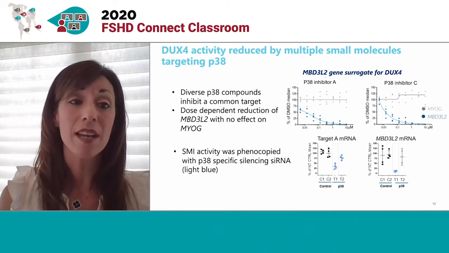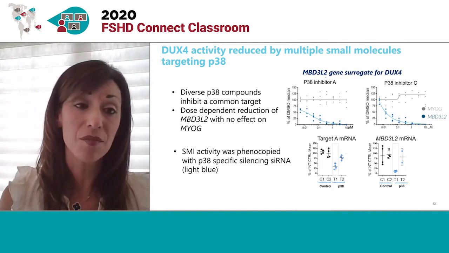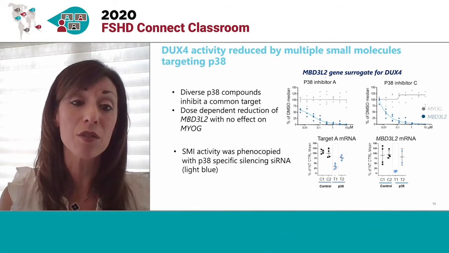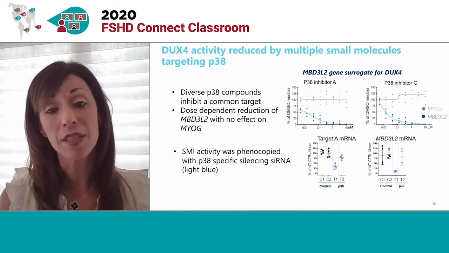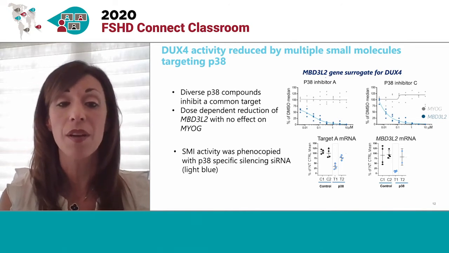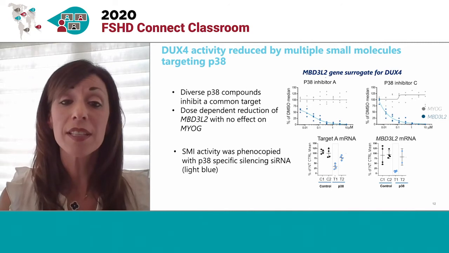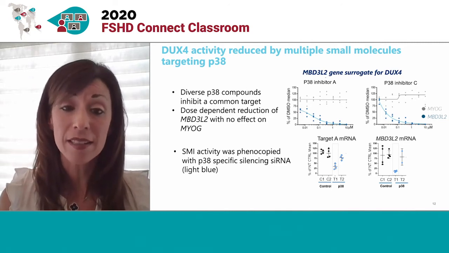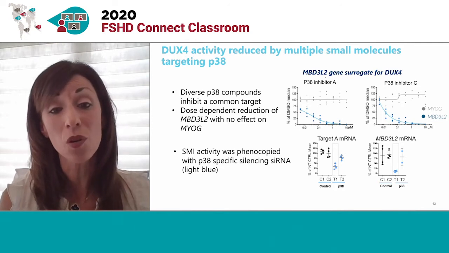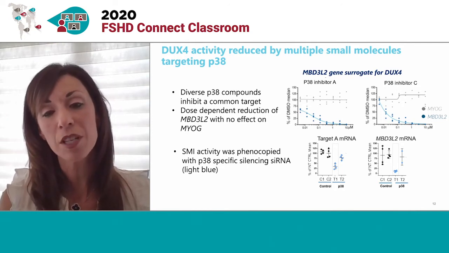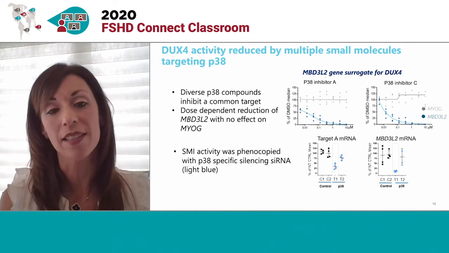Another way that we can look at how P38 is involved in the DUX4 pathway is by using silencing RNAs. And here at the bottom row, you can see on the x-axis there are two rows of control in each of the graphs and two rows of types of siRNAs. And you can see that the siRNAs do result in an inhibition of P38 as well as in DUX4.